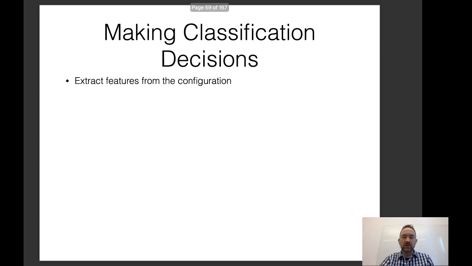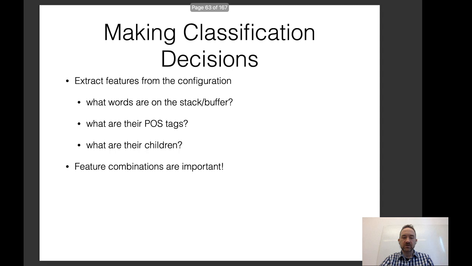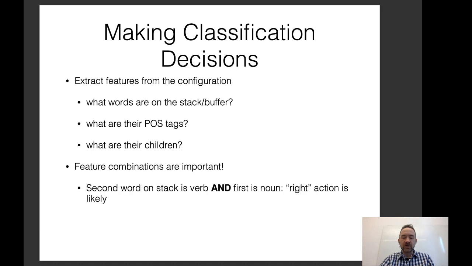The way we make classification decisions is we extract features from the configuration, such as what words are on the stack or buffer. We could also look at their part-of-speech tags or children. It's also important to know feature combinations, as in many of the other NLP tasks that we've thought about so far. For example, if the second word on the stack is a verb and the first is a noun, then the right action is likely, because it's very common to have nouns be the children of verbs.